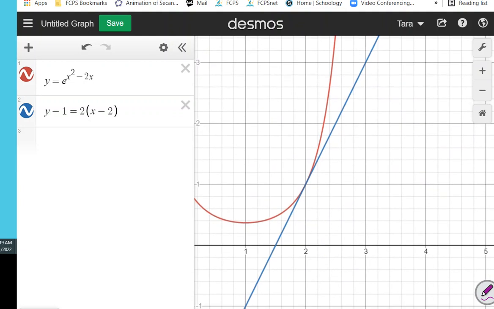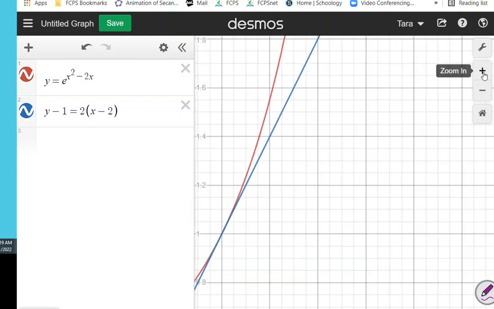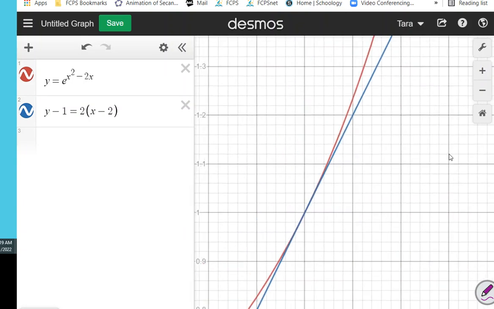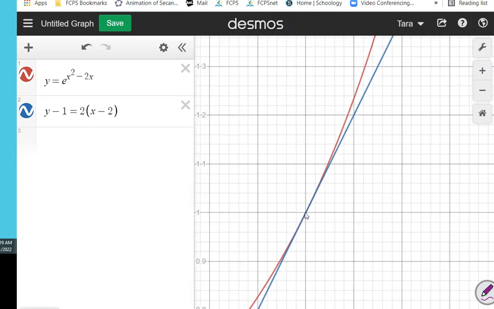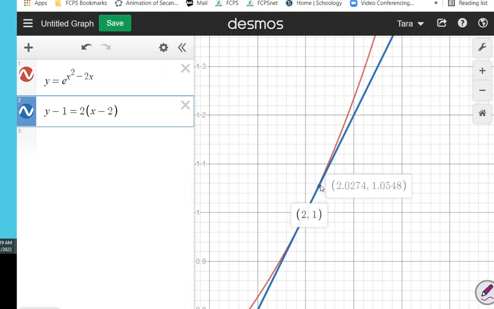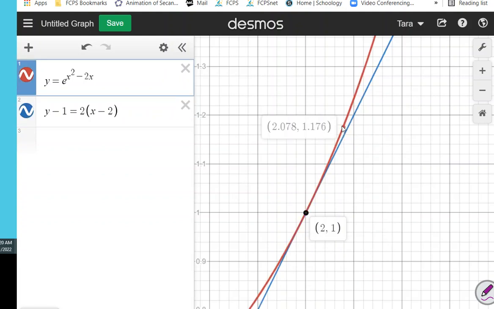If you zoom in, you'll see it's a little minuscule, but they are separated. And because it's hard to even see that they're separated, that's one of the reasons that the tangent line is a good approximator. If I wanted to know the y value on the red curve at an x that's pretty close to 2, that y value compared to that y, it would be a pretty good approximation.